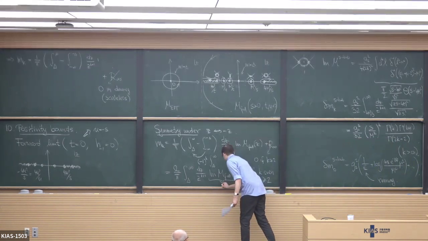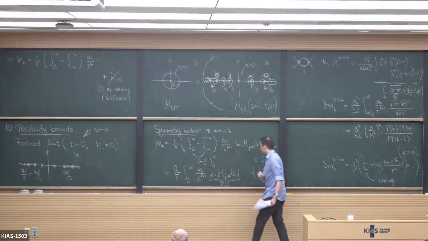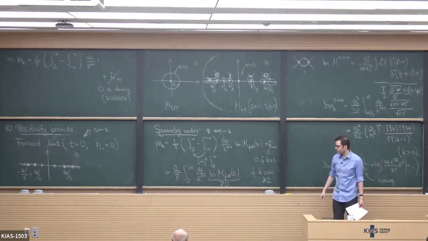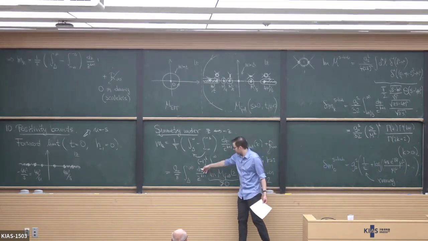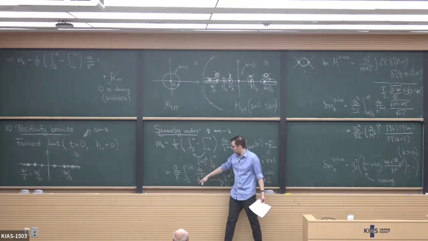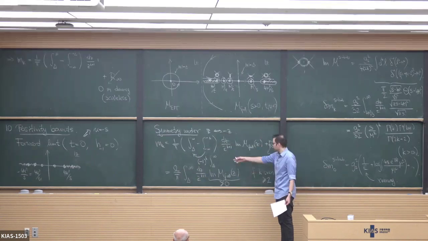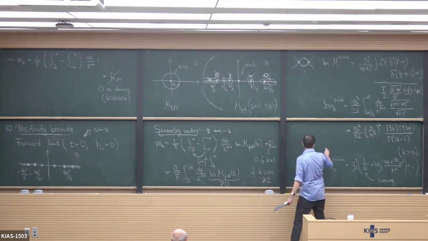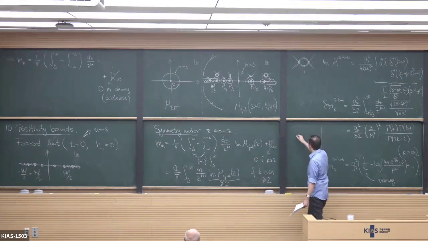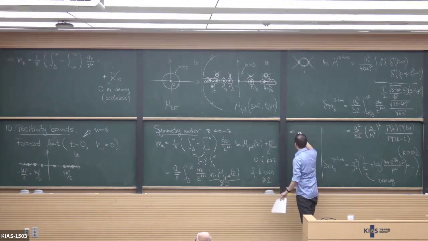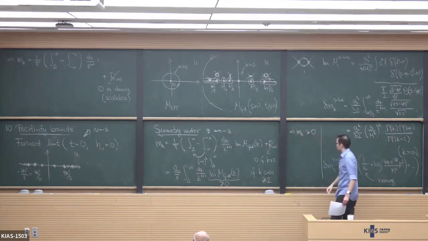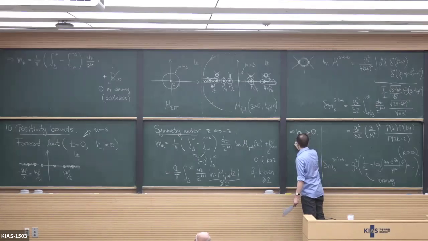So this function here is non-negative, and I integrate it with some positive weight of 2 over pi. So the full m_k has to be positive as well. Okay, so the outcome of this discussion is that m_k has to be non-negative for k even.